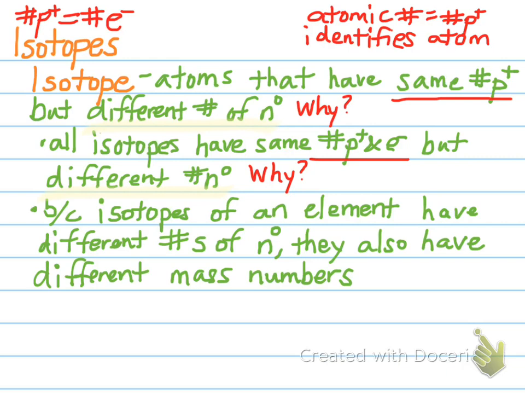Because again, we talked about this just the other day, right? That the mass number is equal to the number of protons plus the number of neutrons. So all of these atoms that are isotopes, their number of protons stays the same. But we're saying here that we have different numbers of neutrons, which also means that their mass numbers are going to be different.